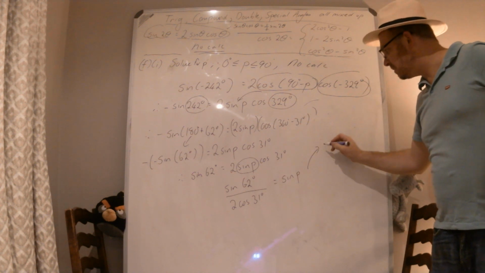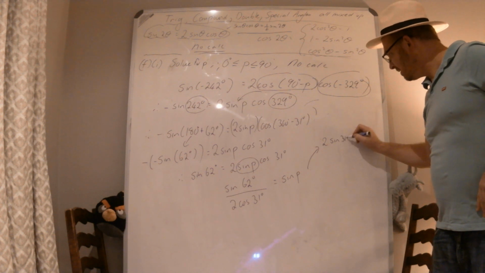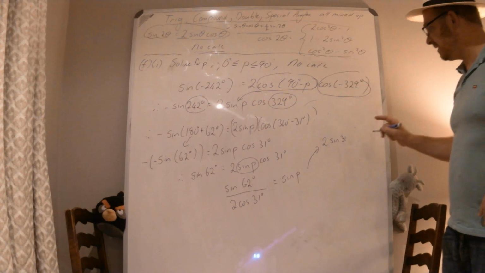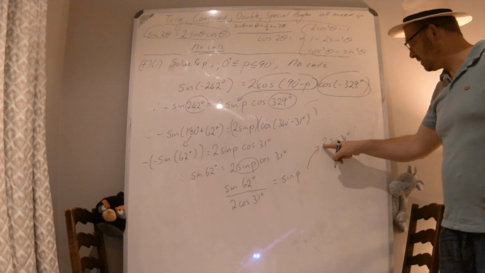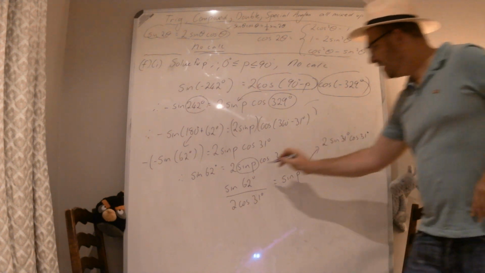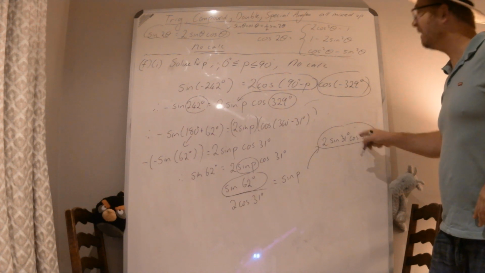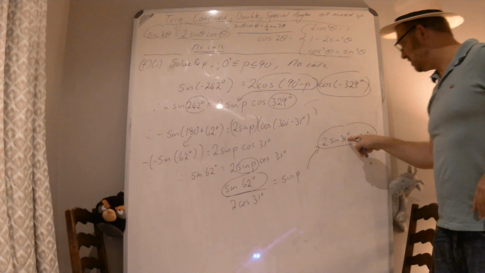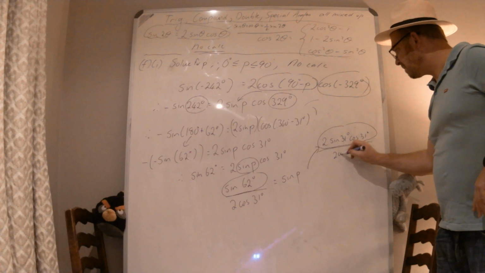So sine of 62 I can write as 2 sine 31 cos 31. What I've done is I've said sine of 2 times an angle is 2 sine half the angle cos half the angle. In other words, I've used that formula over there. So sine 62 is 2 sine 31 cos 31, over 2 cos 31.